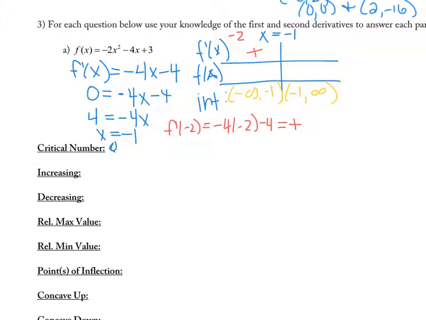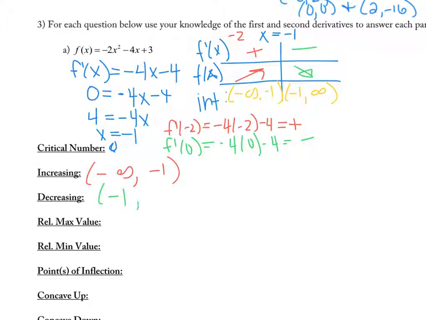So that means that I'm increasing from negative infinity to negative 1. Now let's test a number to the right. So I'm going to do f prime of 0. So negative 4 times 0 minus 4 gives me a negative number. So that means I'm decreasing on the interval of negative 1 to infinity.